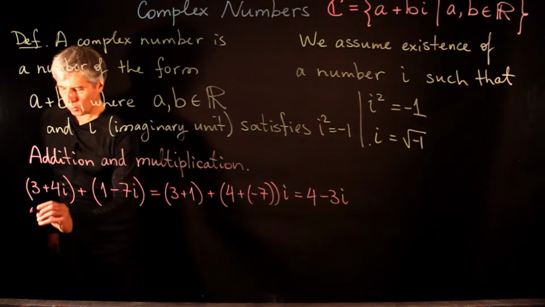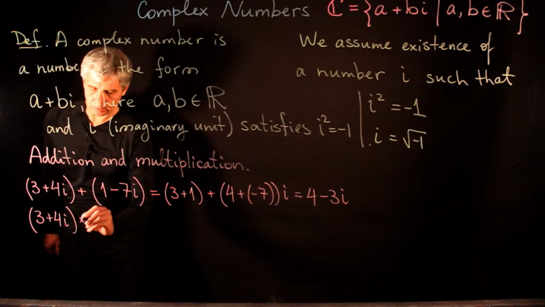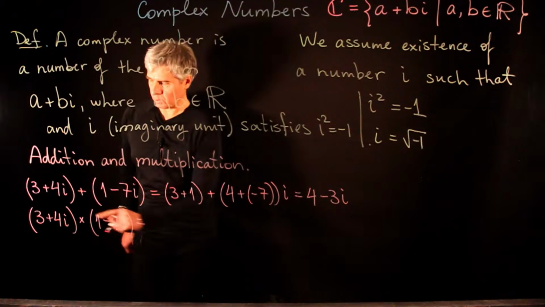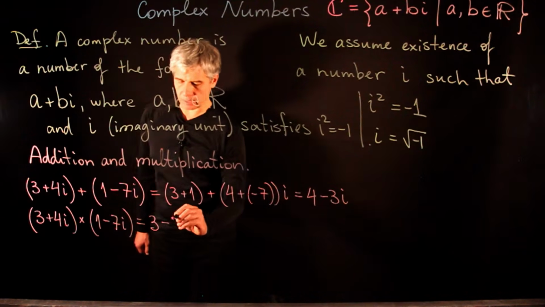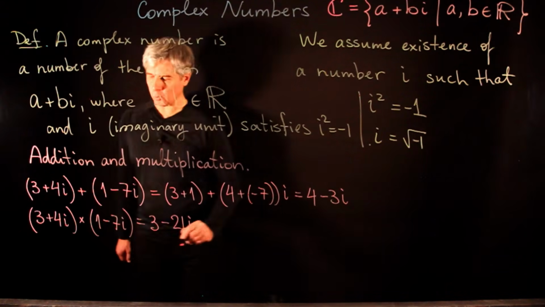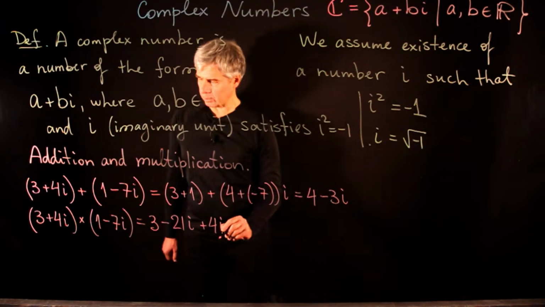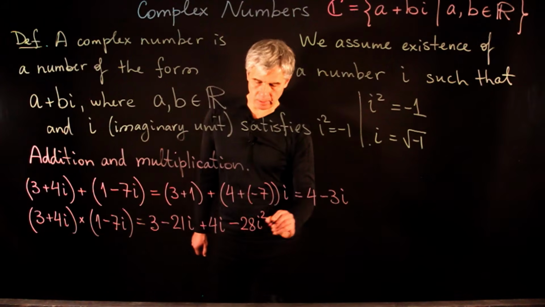For multiplication, we just expand everything. So here, if we multiply this by 3, we get 3 minus 21i. And then if we multiply this by 4i, we get plus 4i and minus 28i squared.